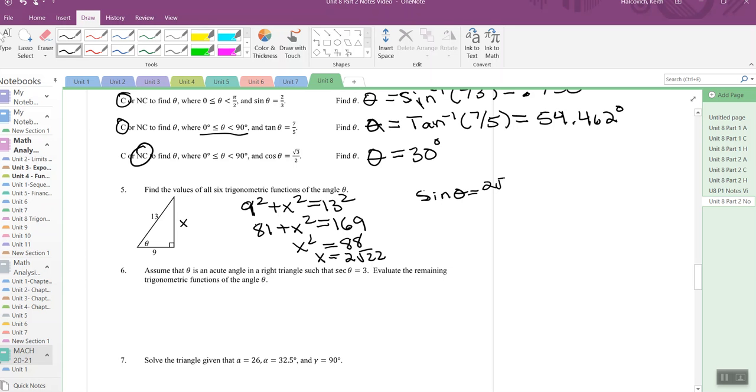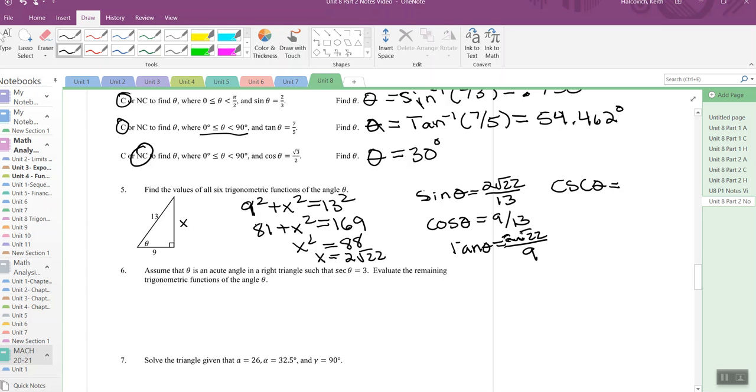So sine is 2 rad 22 over 13. Cosine would be 9 over 13. And tangent would be 2 rad 22 over 9. Cosecant, you take the reciprocal.